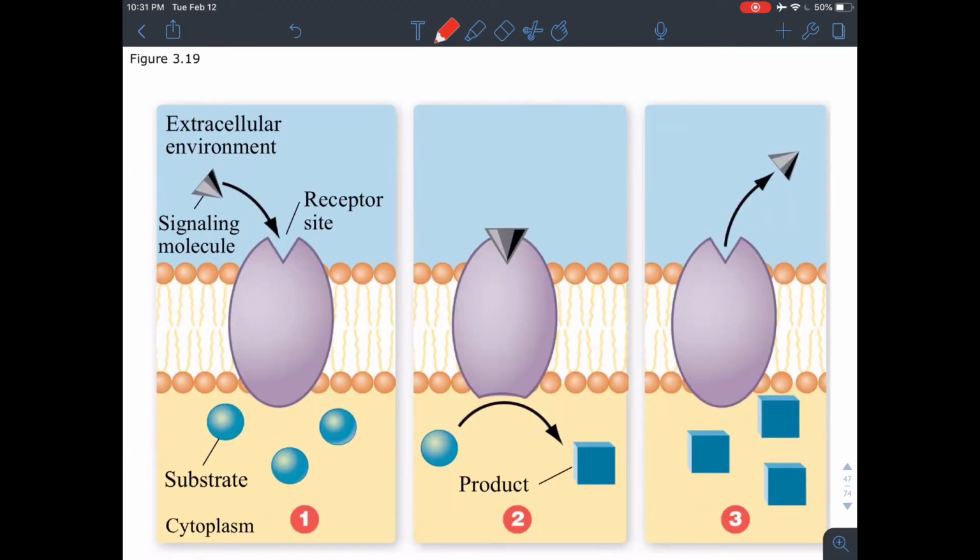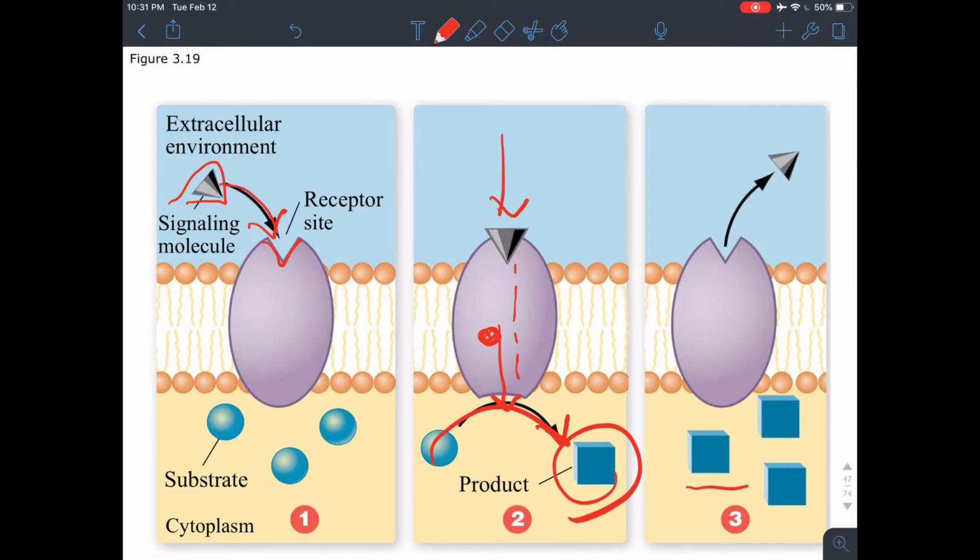All right, so this is just another depiction of what I showed you. You'll see here's the receptor site, here's the signaling molecule or the ligand, and it docks here in the extracellular space. When it docks, it sends a message, it triggers this protein here to do something on the inside that results in some type of product or result that we're looking for.